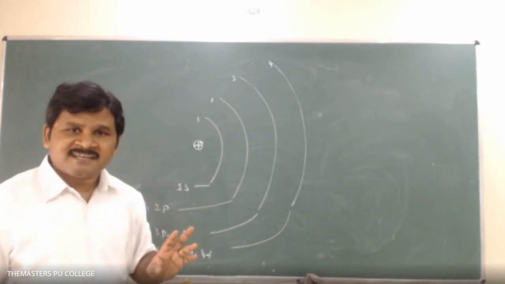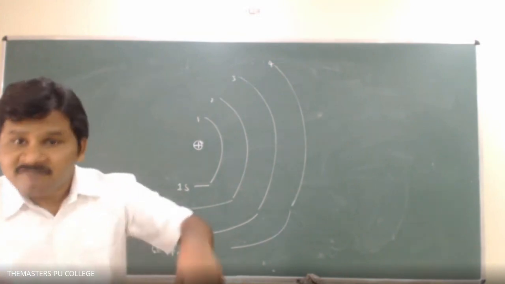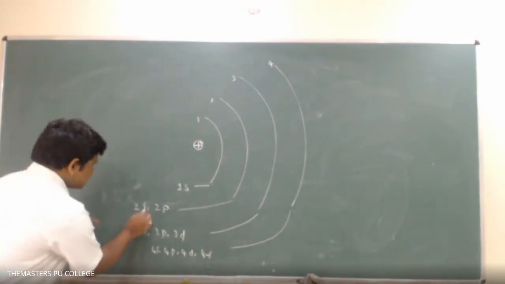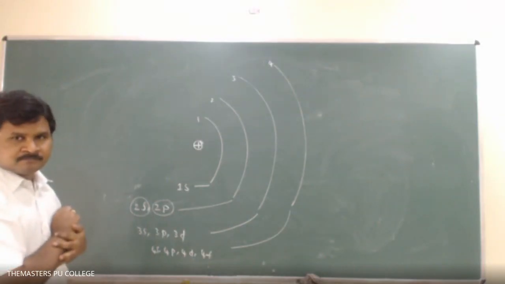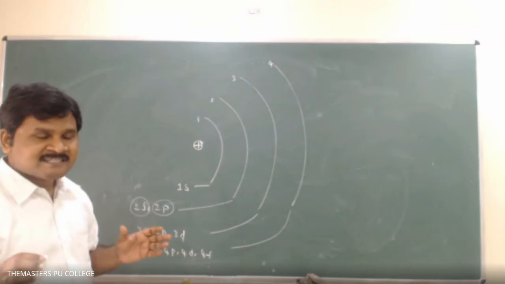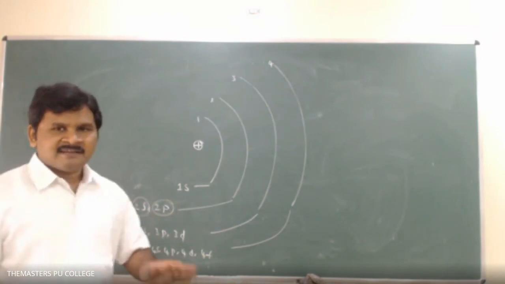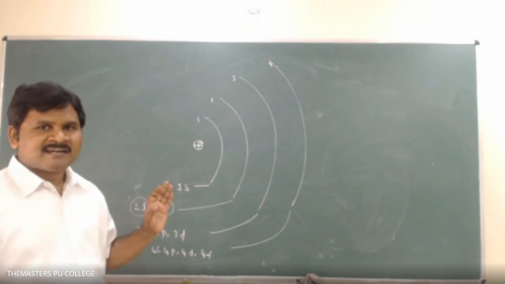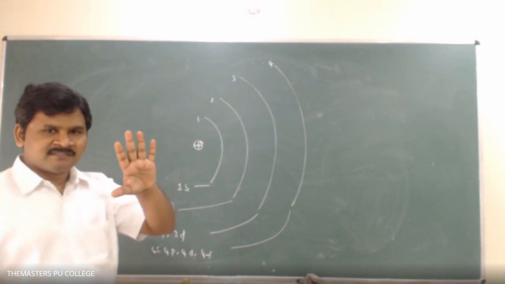How many subshells are present? 2 subshells, that is equal to n, namely 2s and 2p. In the question they will give the n value. Calculate the number of subshells in the 5th shell: you have to write 5.